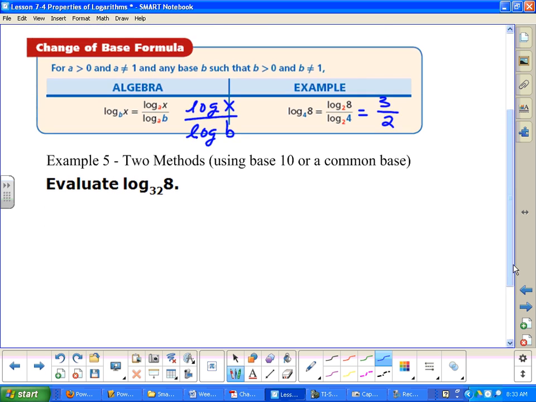So I'm going to show you the two different ways to do this, using base 10 or using a common base. So here you want to evaluate the log base 32 of 8. And the base is always going to the denominator. Okay? So this is the log of 8 divided by the log of 32. We're going to use base 10 first.